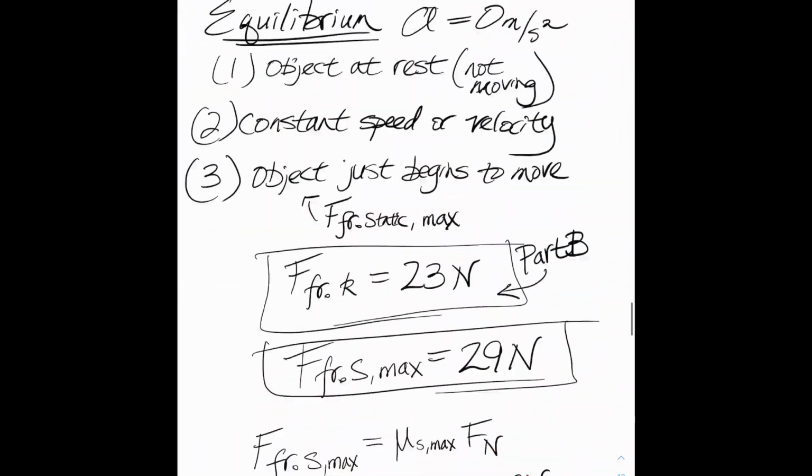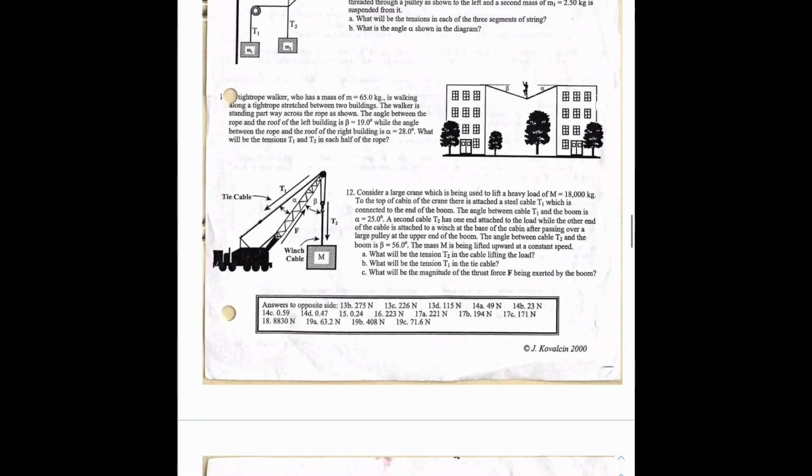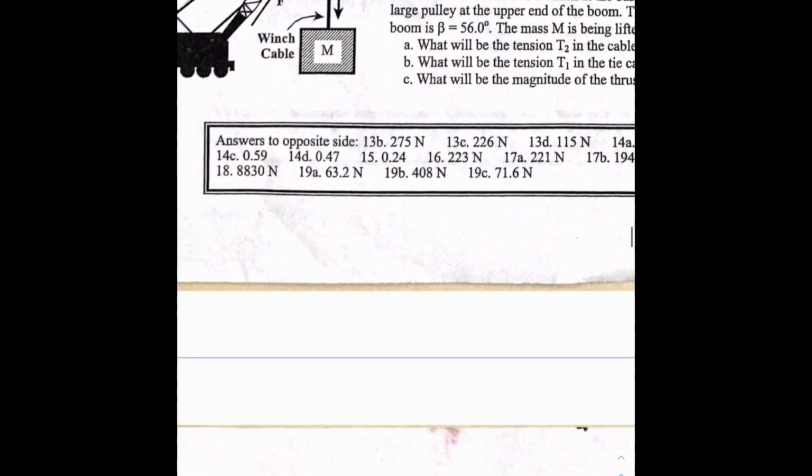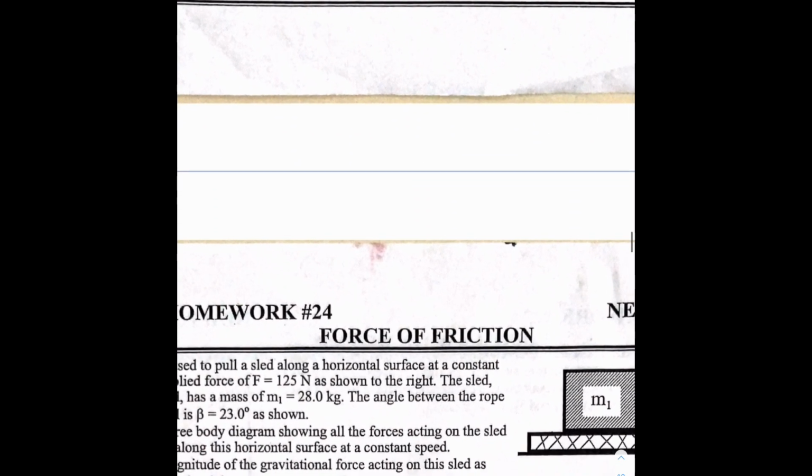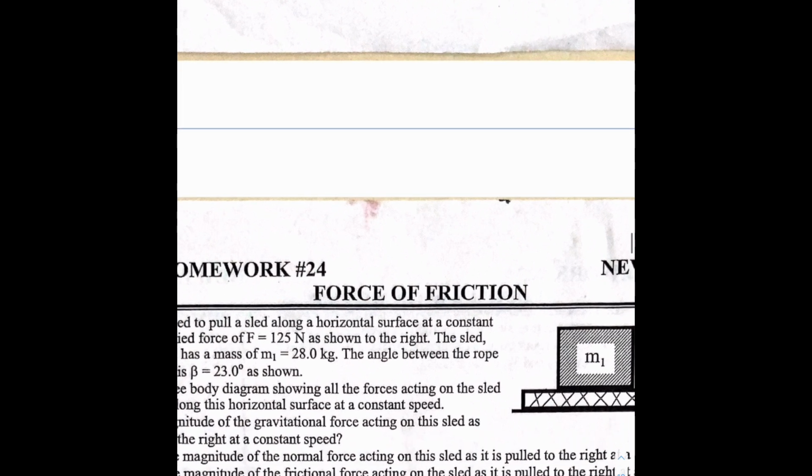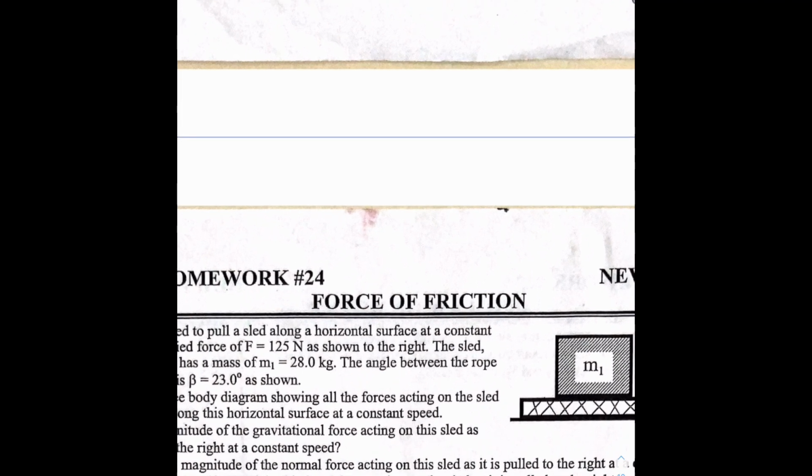Let's go check them all. So it's question number 19. We should have got 63.2, which I think we were pretty close, and we were right on the money with that one. 408 for part B, which we had 407, I think. And then for C, we had 71.6, which is correct.